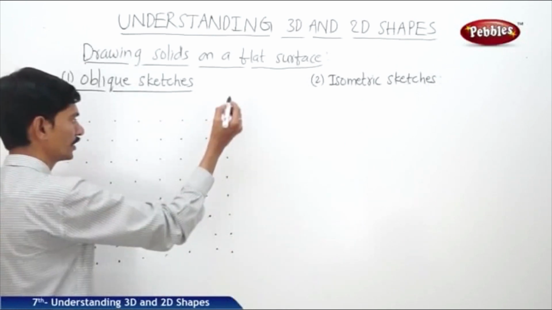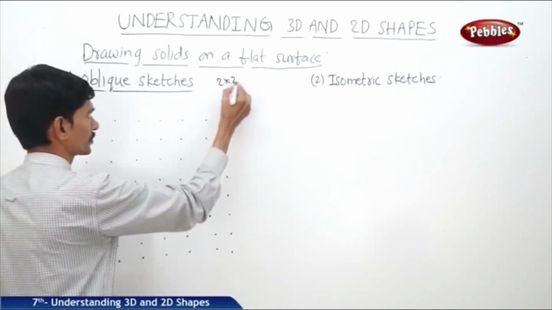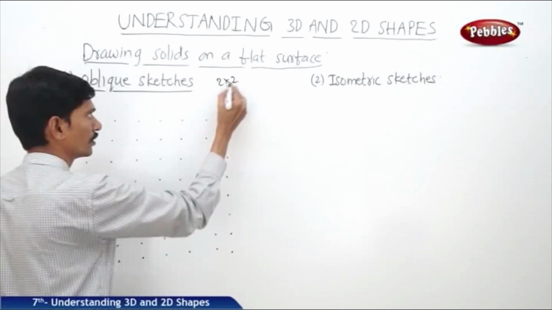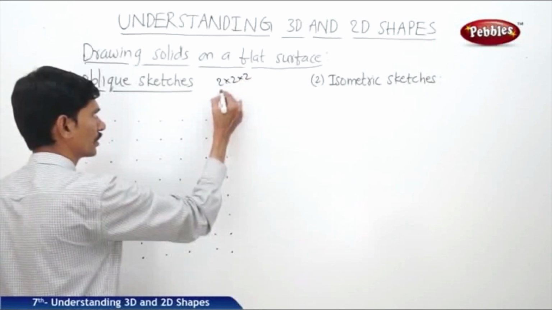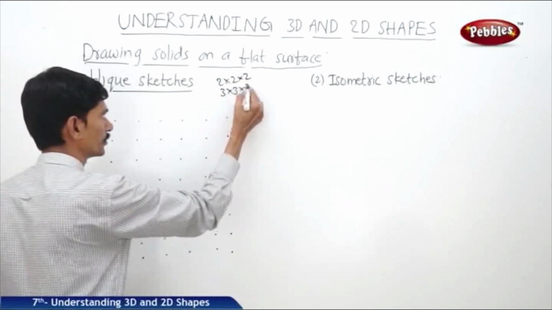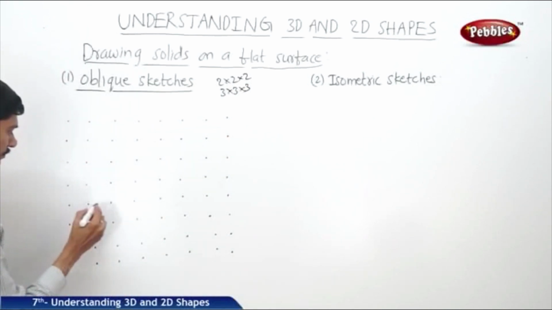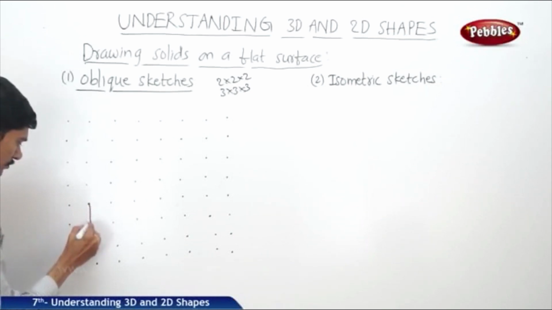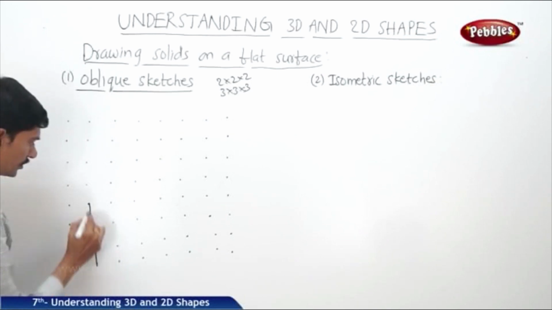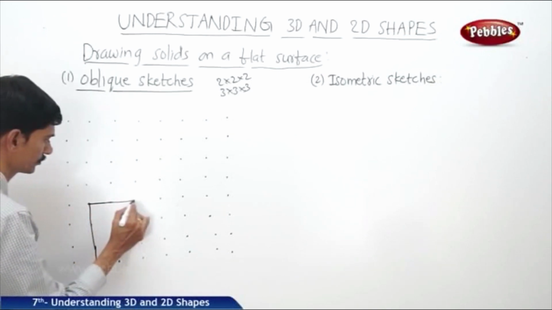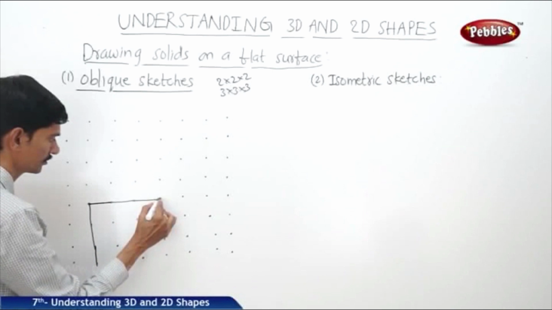Now if we want to show any 2 by 2 by 2 cube or 3 by 3 by 3 cube, first you will draw the front face of the cube with 3 centimeters: 1, 2, 3 centimeters.